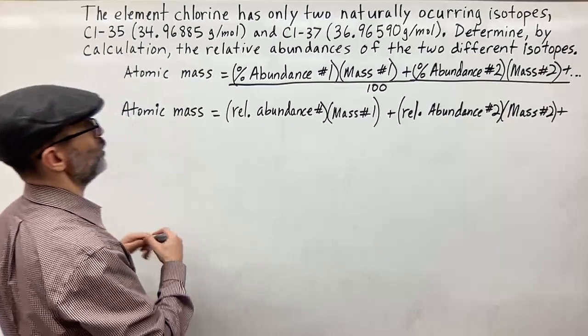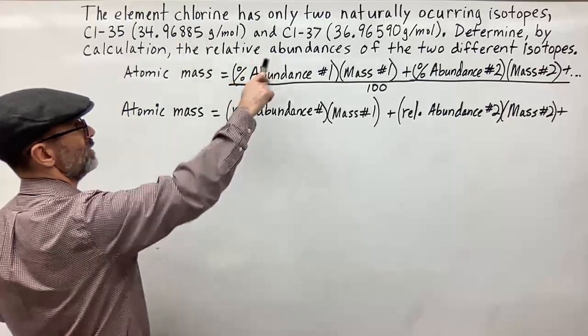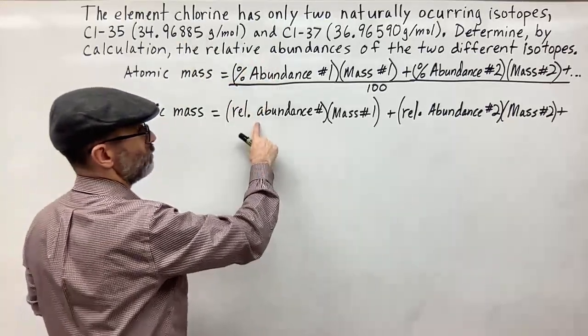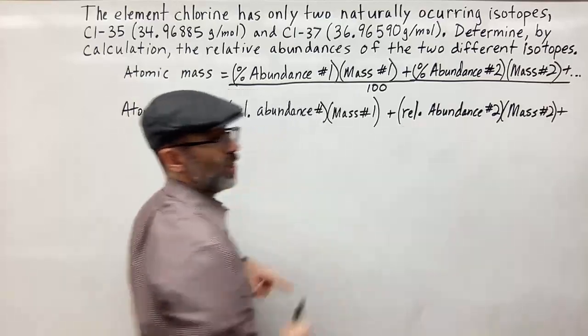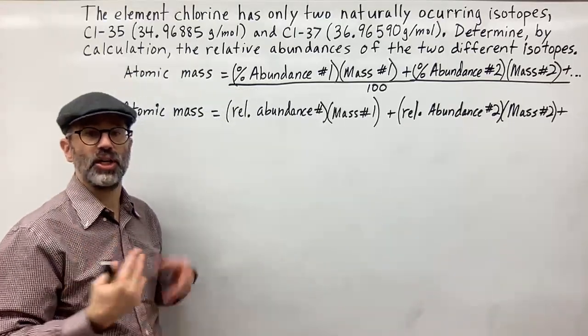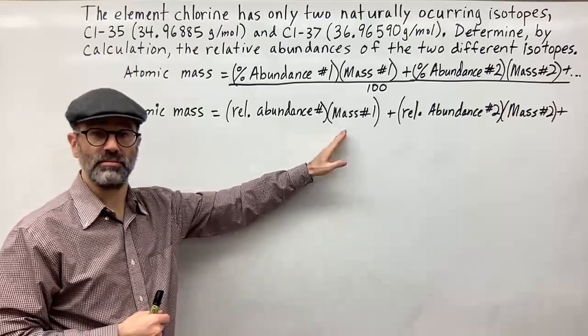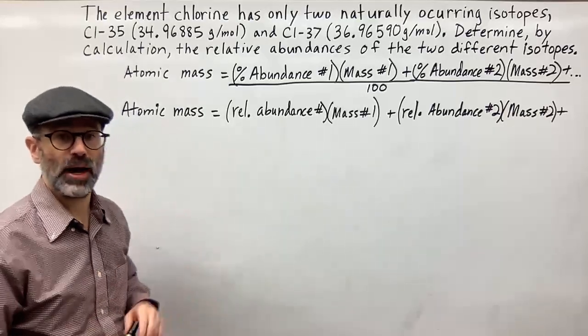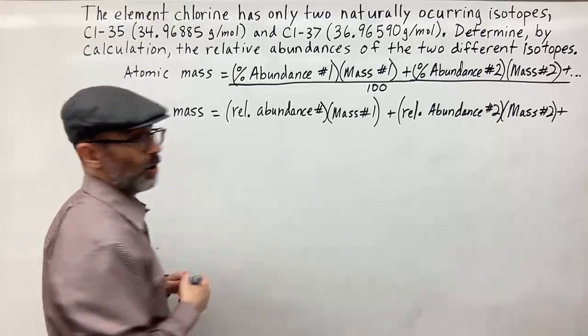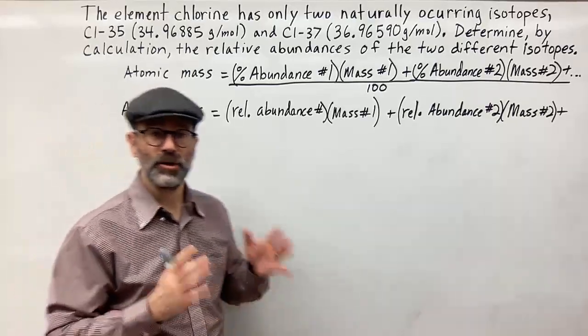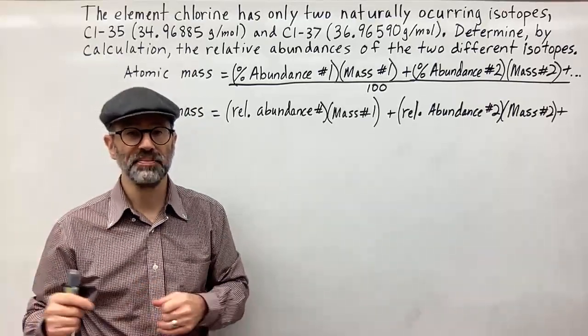Now, in this case, we don't know the relative abundance of both of these. So we've got 2 unknowns, so we're going to need 2 equations. Here's one equation. We need another equation. The thing about relative abundance is, you know that percentages add up to 100, right?